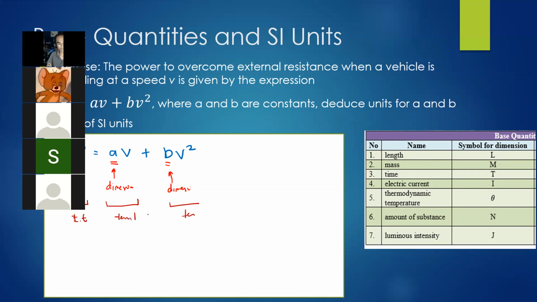So term 1 and term 2, the dimension will be equal to P. So we can find the dimension of A.